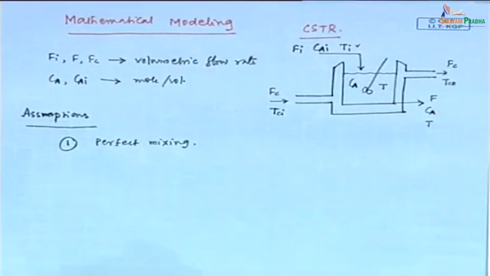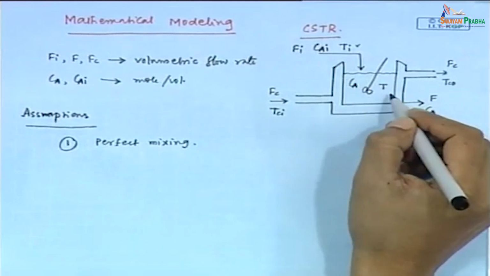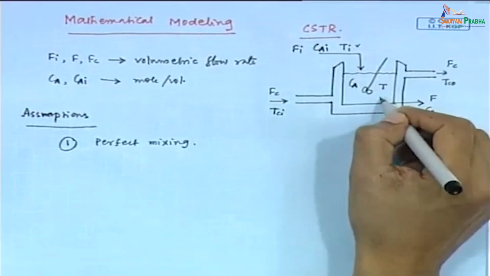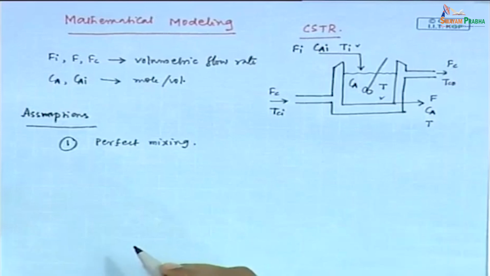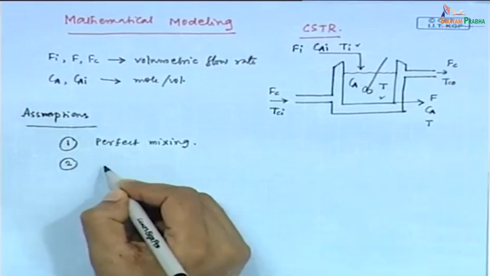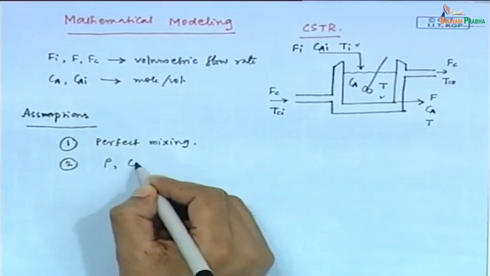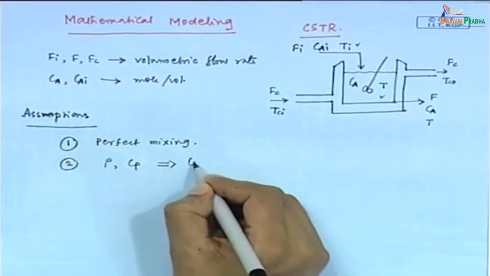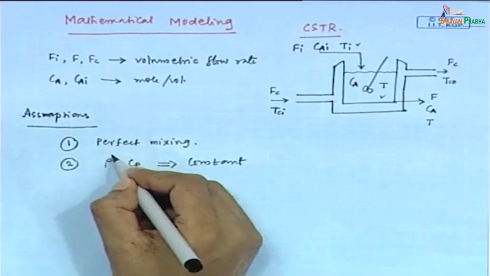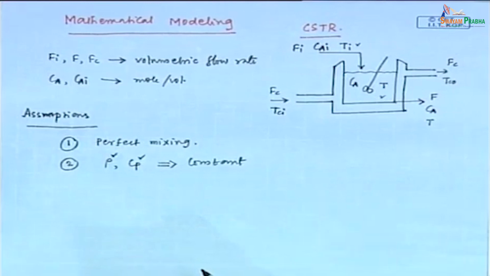Perfect mixing indicates that everywhere in this tank the temperature and concentration are identical, and the outlet temperature and composition are also identical with those of the reacting mixture. Second assumption is that liquid density rho and heat capacity Cp are constant.